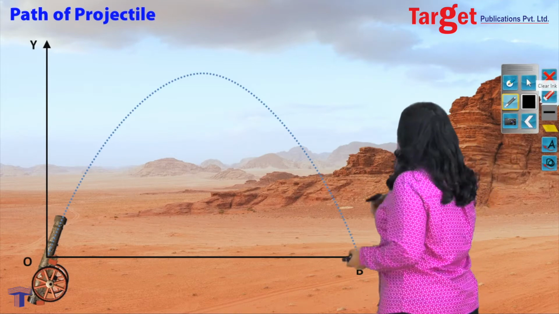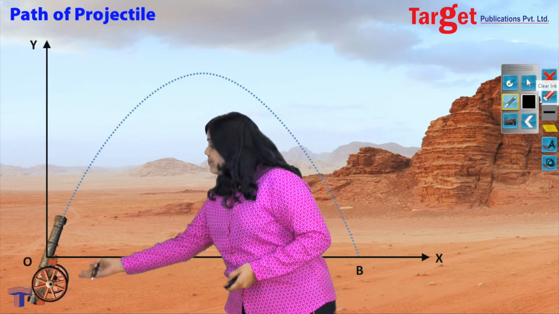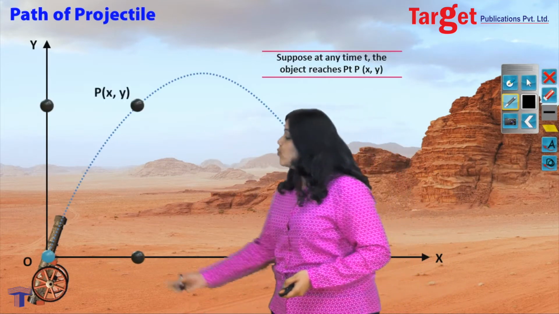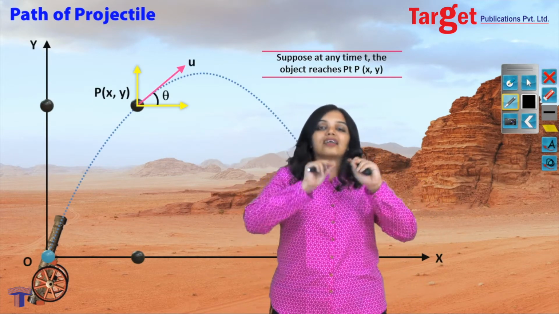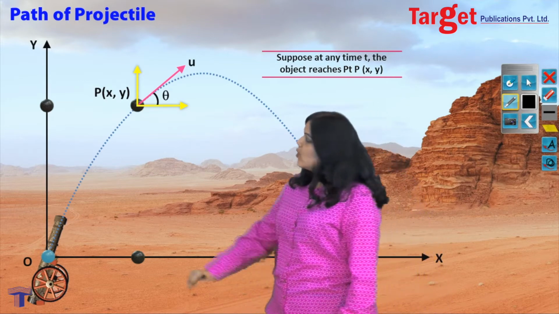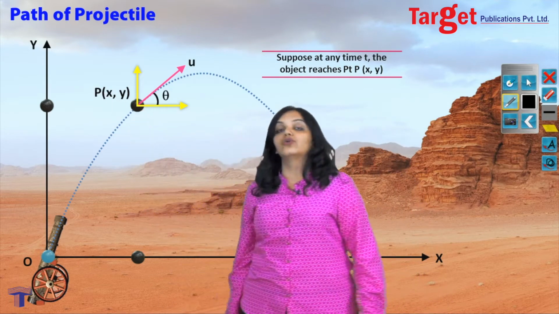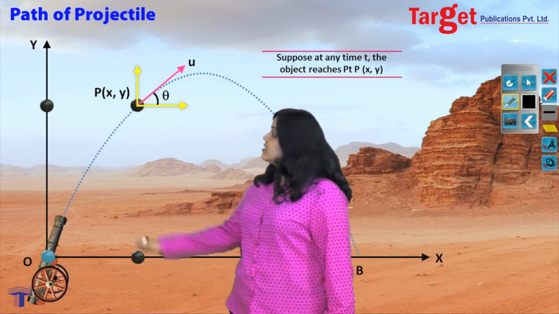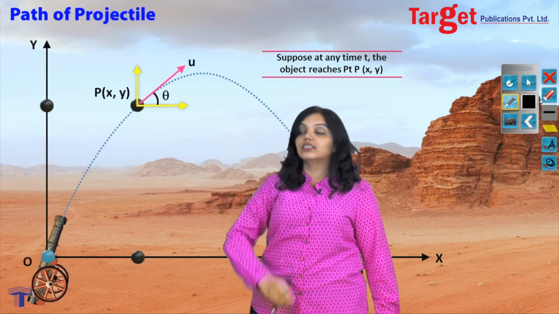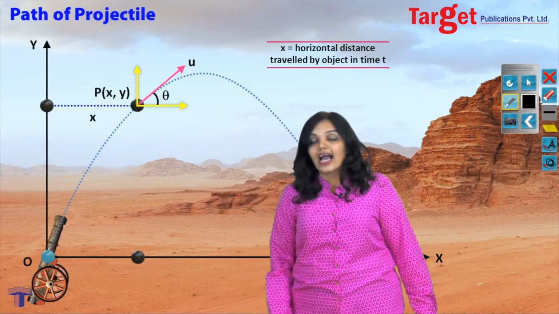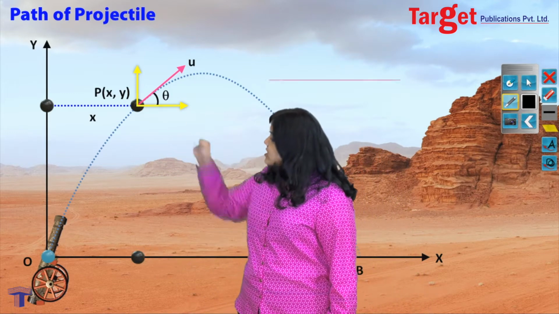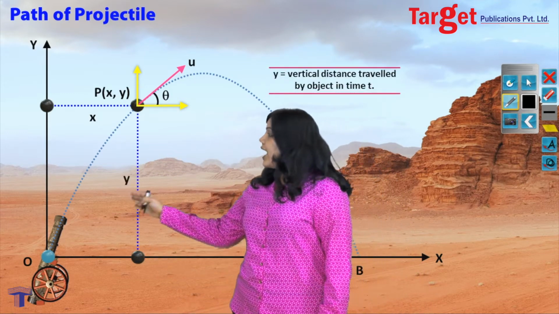So, let's begin. When I project an object through angular projection, I'm going to take a look at some general random point in the motion. So, at some random point P during its motion, this object has covered some horizontal distance, which I will call x, and it has of course covered some vertical distance, which I will call y.